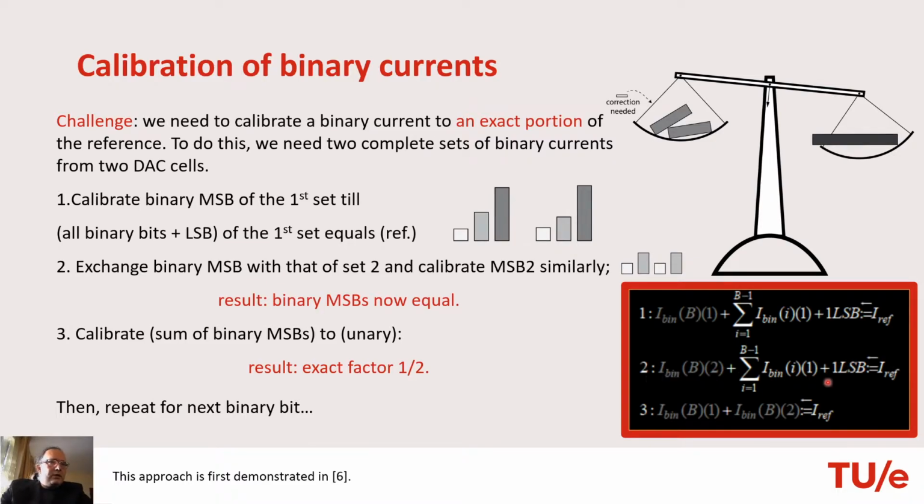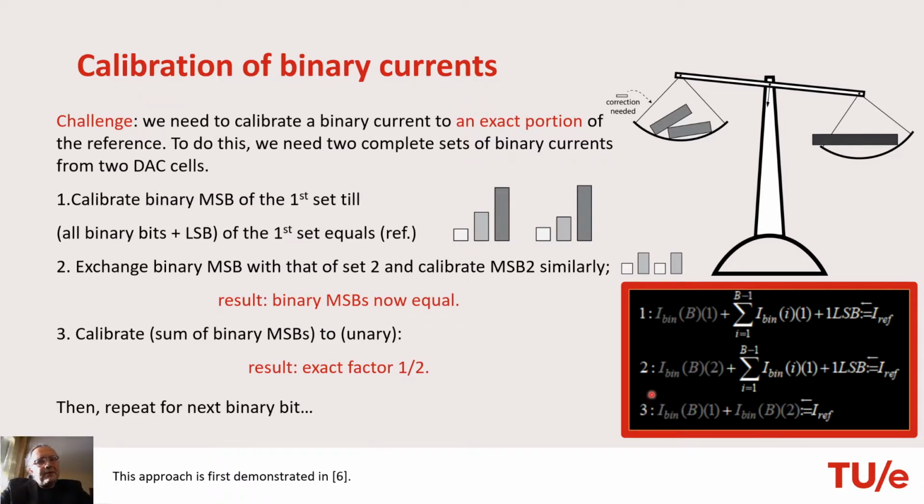When you reach this point, what you know is that the MSB current of the first set is exactly equal to the MSB current of the second set, within one quantization step of the calibration. This is because all the other currents are the same, so they don't change.